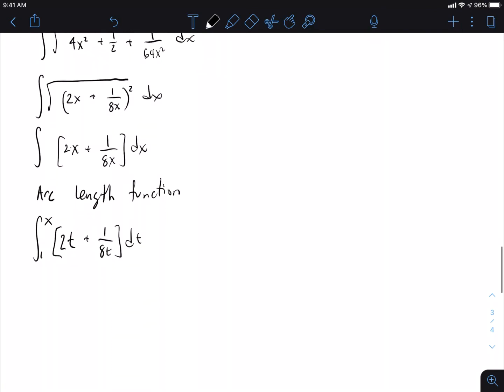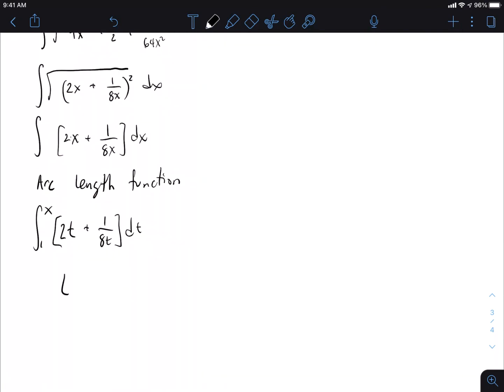Yes. Okay, so when we take the integral, I'm going to get t squared plus 1/8. What's the integral of 1 over t? Anybody? ln of t. ln of t, right?